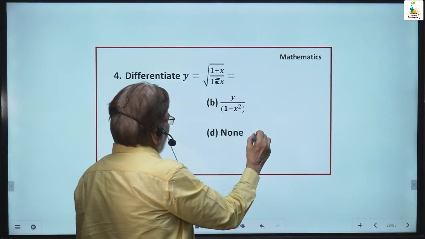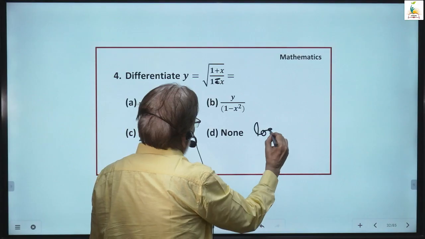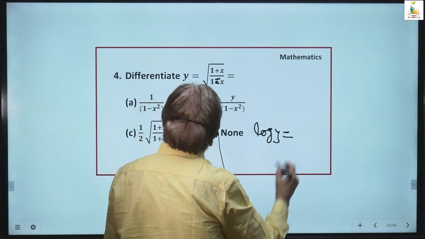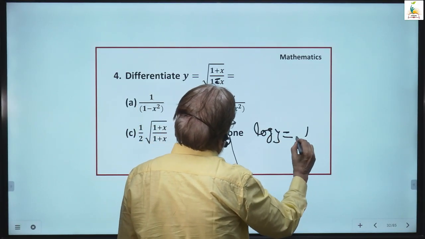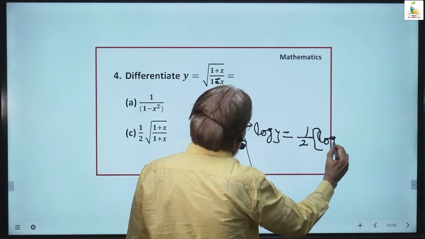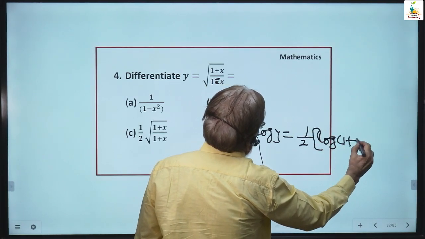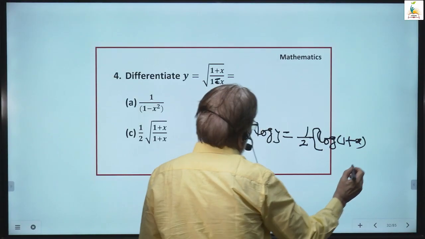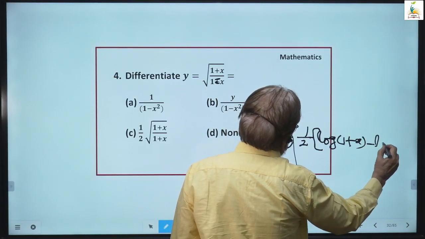So, log of y will be equal to half of log of 1 plus x minus log of 1 minus x.